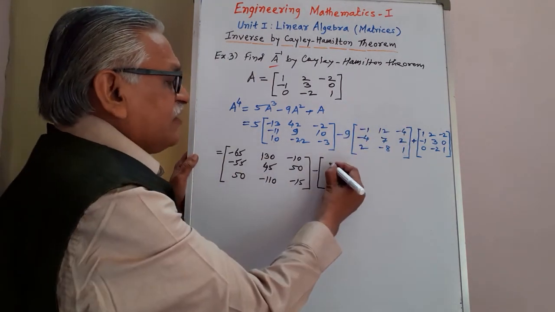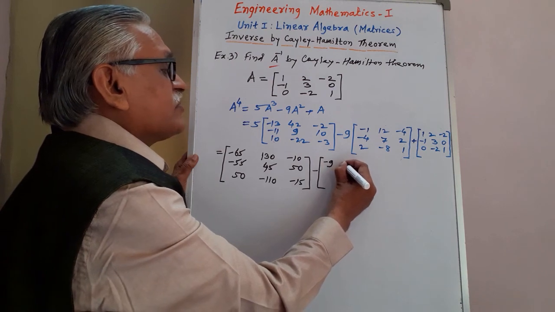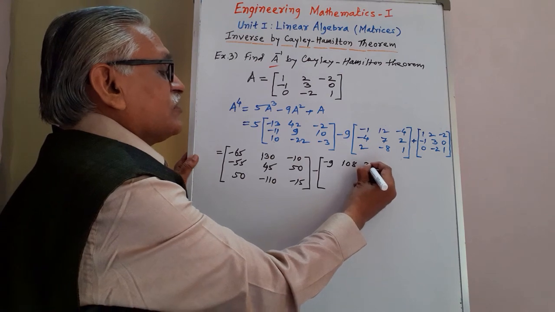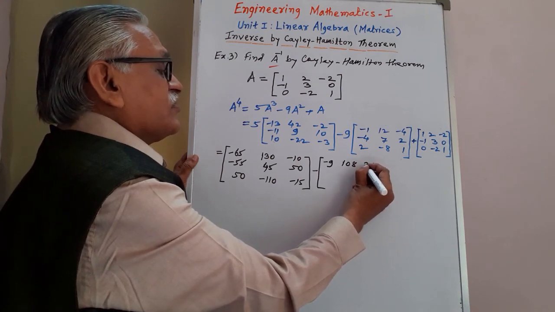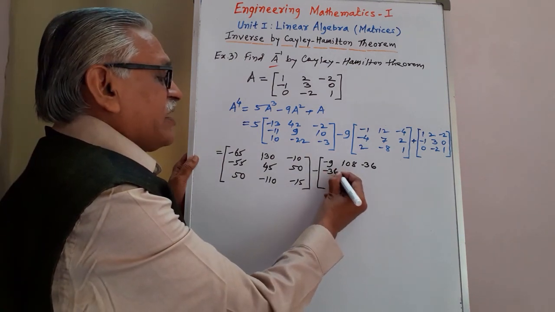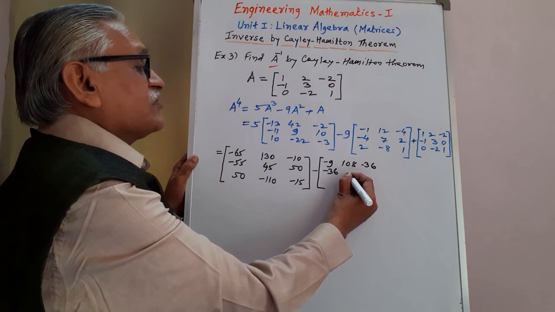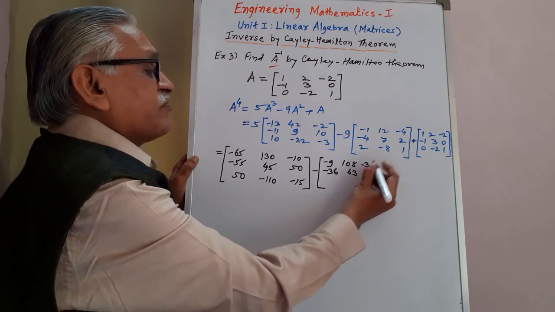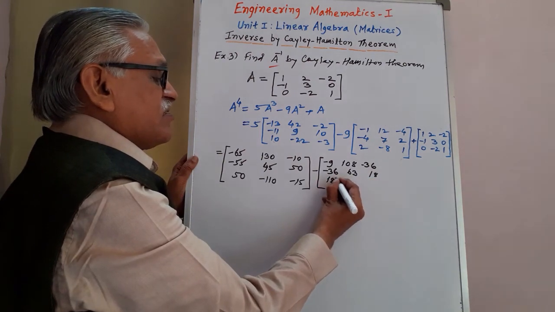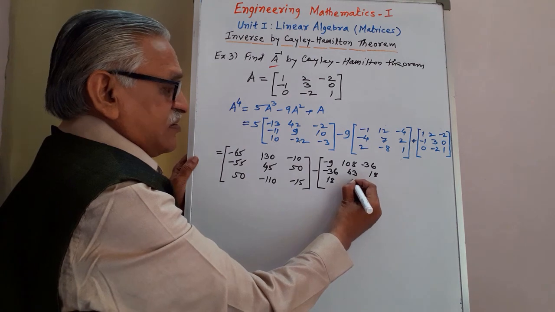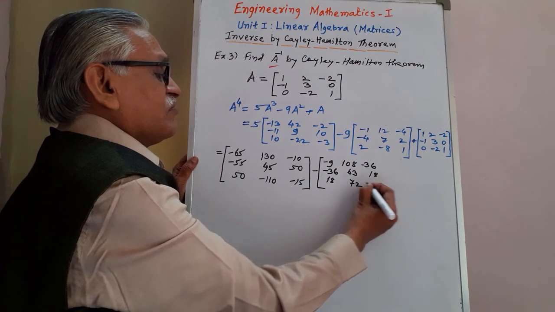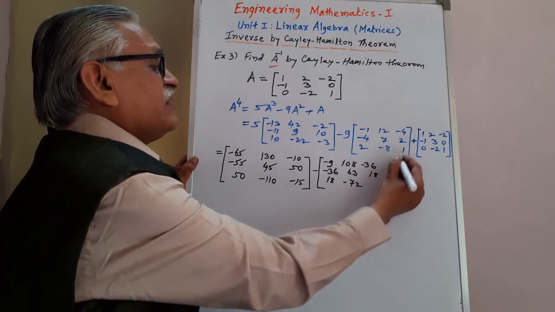Then multiplying by 9 inside, the elements are minus 9, 108, 36 with minus sign, minus 36, 63, 18, 18, 72 and minus 72 and 9.